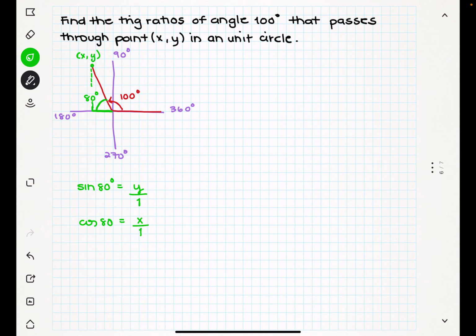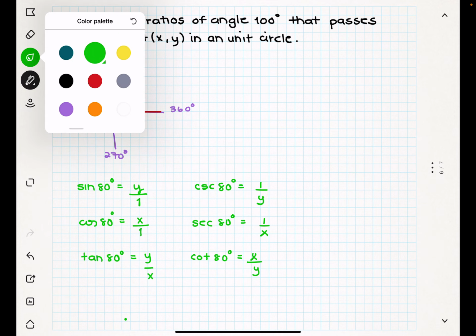The tangent of 80 is going to be y over x. And the reciprocals, again, I'm just going to flip them. So I have 1 over y. Secant is the reciprocal of cosine. So I'm going to have 1 over x. And then the cotangent is going to be x over y.